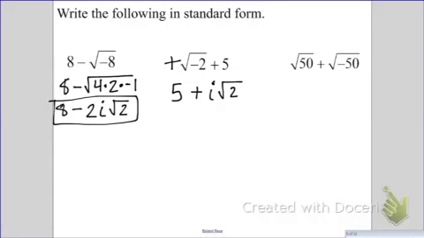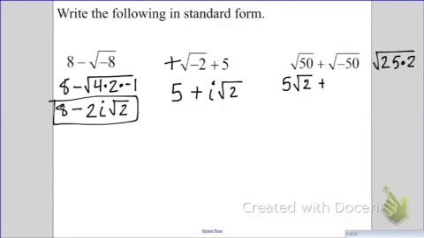The next one, square root 50 plus square root negative 50. Well, first off, let's think about what 50 is made up of. You can get 50 from 25 times 2. Now, for the 50, that's easy. The square root of 25 is 5, and the square root of 2 stays inside.